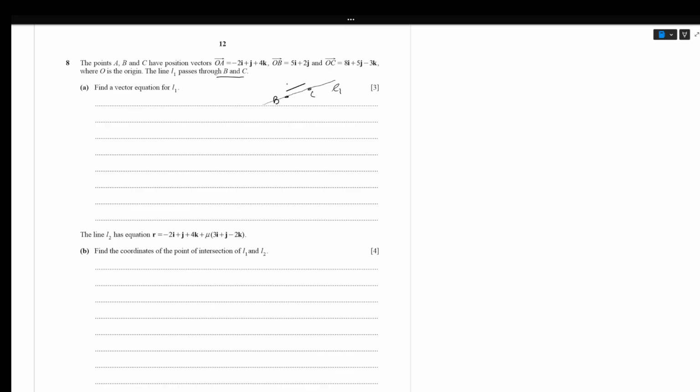If you see, BC is parallel to L1, so we need to find BC first, and BC is OC minus OB, which is 8i minus 5i, 3i, 5j minus 2j, which is again j, and then minus 3k minus 0k is minus 3k. So this is 3, 1, minus 3.